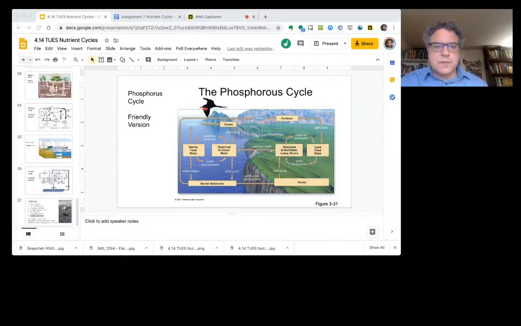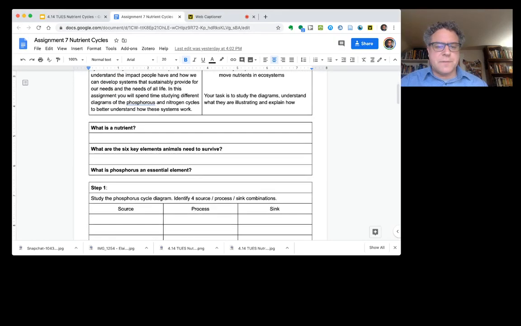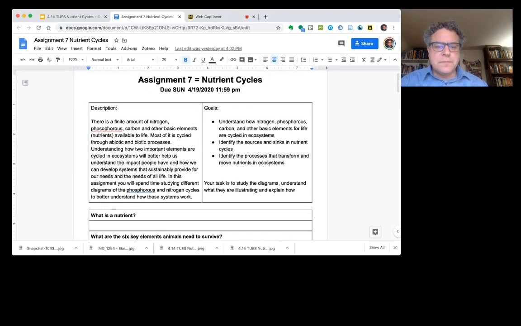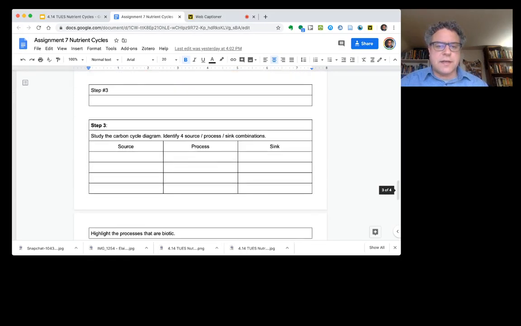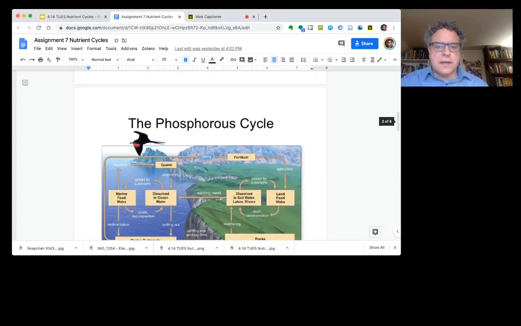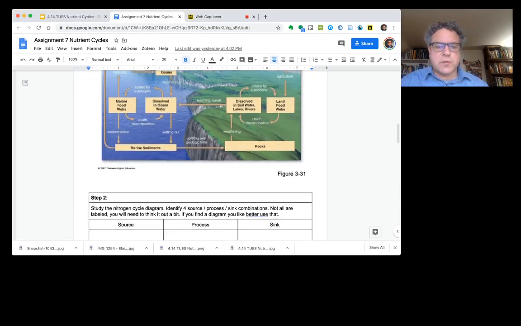All right. So what you're going to do for today's work and your assignment number 7 is you're going to take some time to look at different models of the phosphorus cycle and the nitrogen cycle and the carbon cycle, and you're just going to do some identification of the processes, the sources.